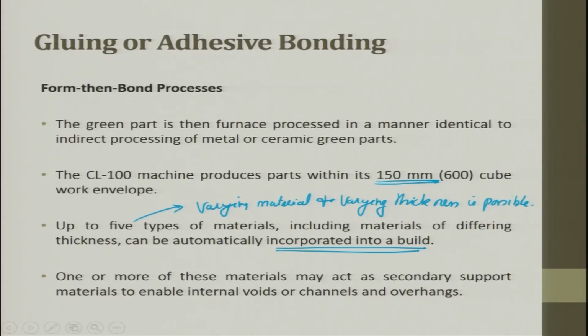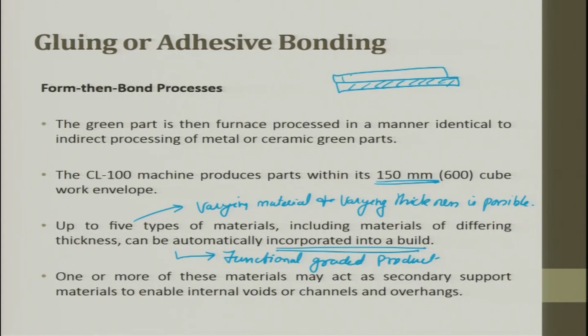And the other thing is, you can also make functionally graded products. That means when you have 5 different types of materials, you can have one layer with material A, the second layer we can have this, the third layer this, the fourth layer this material, and the fifth layer we can have empty.